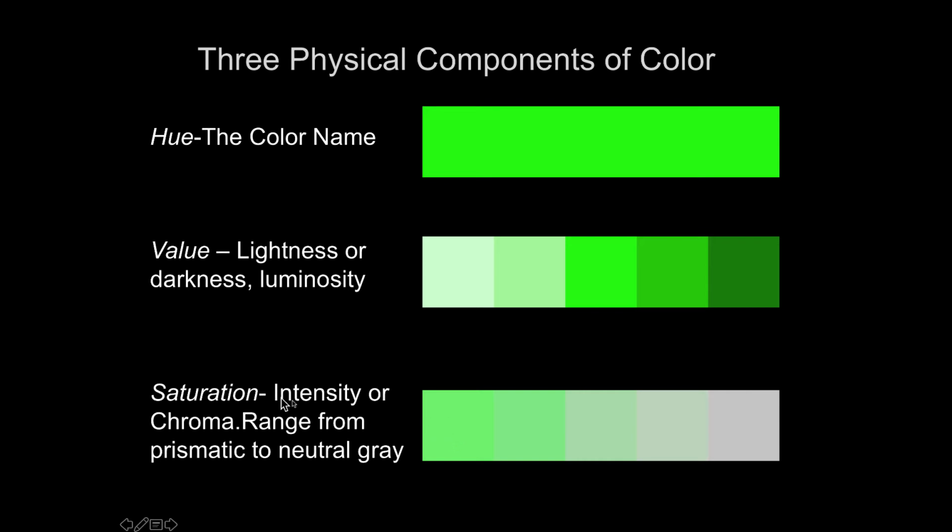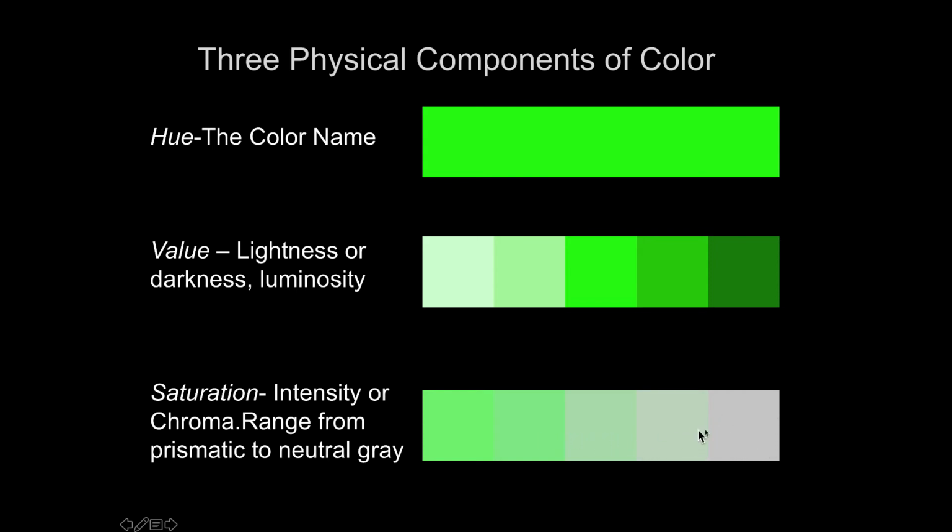Here we have the same yellow green, and we're changing its saturation. Saturation means the intensity or chroma of the color, and it's the range from prismatic, its purest hue, to a neutral gray. So here again, here's that very bright yellow green right here, and as we move and add gray, it becomes a very neutral gray.